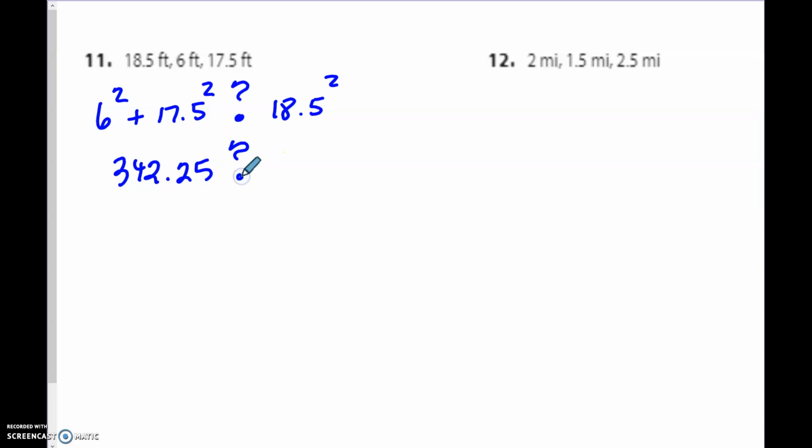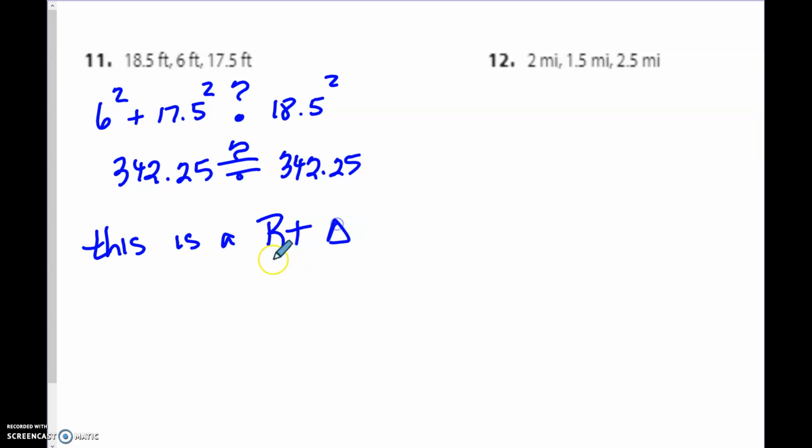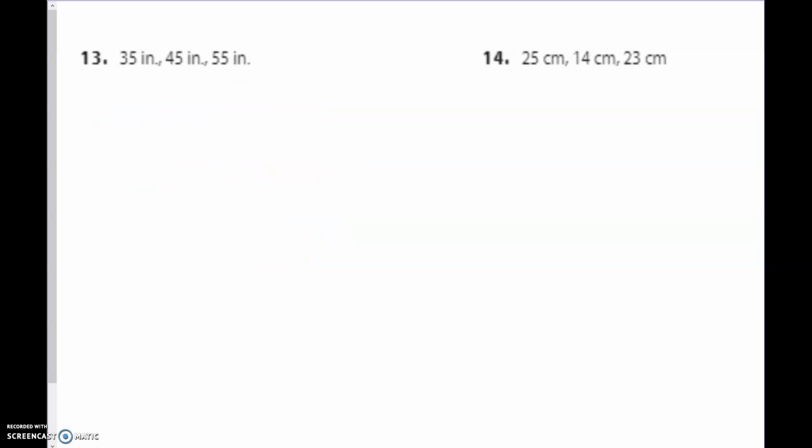And we want to know if that equals 18.5 squared. And I got 342.25. They are equal. This is a right triangle. So this is right because they are equal to each other.